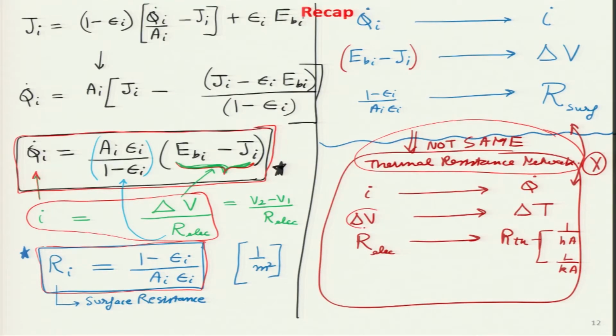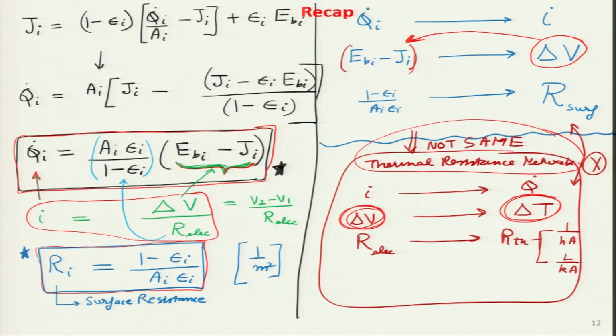So, please remember over here, earlier on our driving force, which is the voltage in electrical engineering, in the thermal resistance network was temperature. You remember, temperature nodes we were taking. But today what we are learning in radiative heat transfer, the driving force delta V in radiation turns out to be not temperature, though linked to temperature, but some power force.